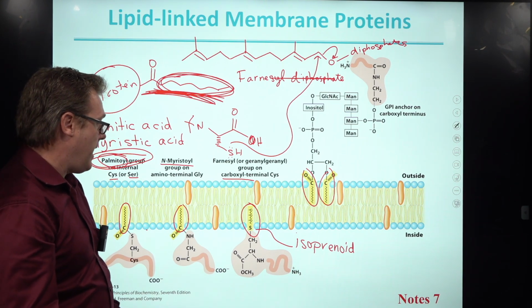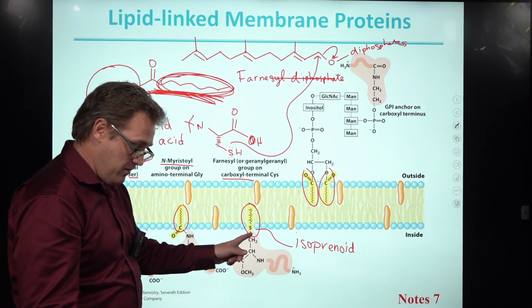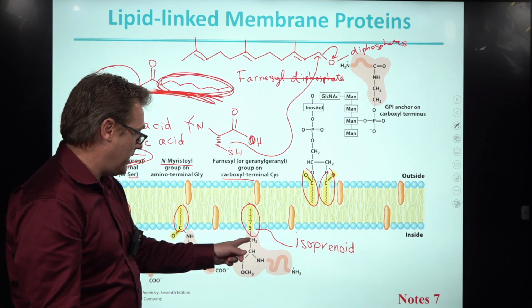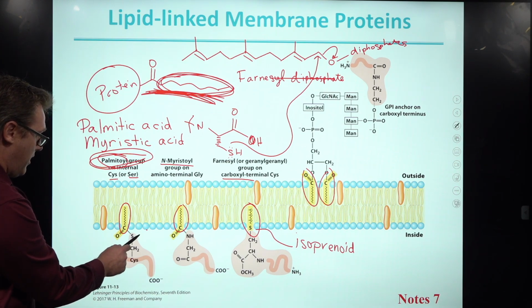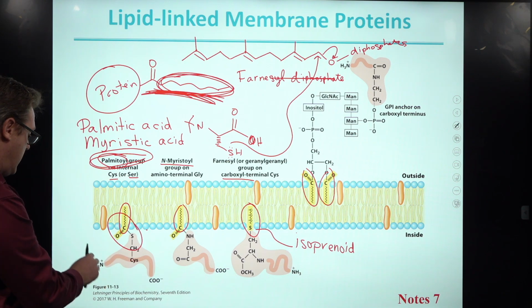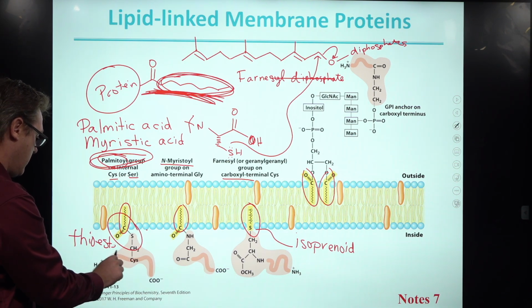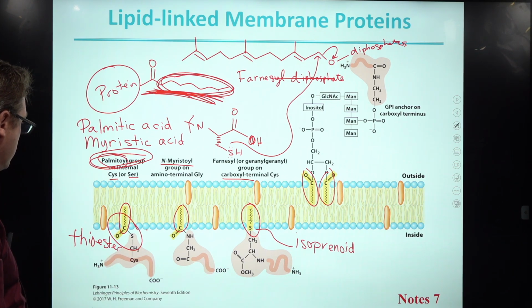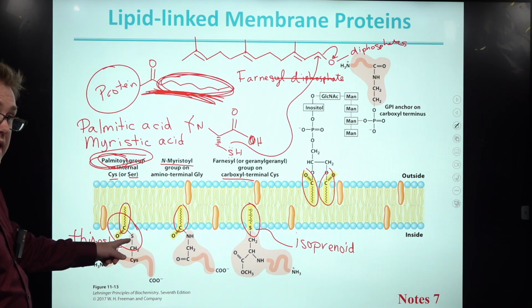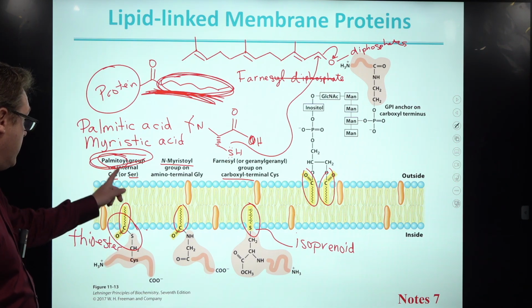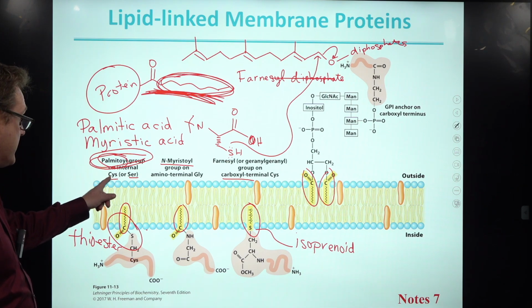And this linkage right here, we would classify as what? A thioester. Okay? We'll get a thioester here when cysteine is the amino acid.